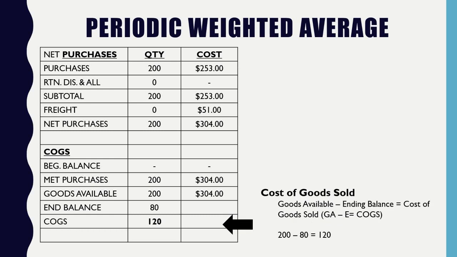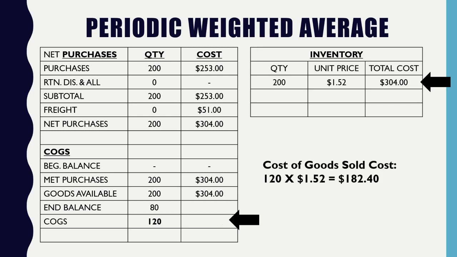Now, because I've already solved for my average cost per item, all I have to do is simply multiply my units sold or my ending balance by that average cost per item. And that's going to give me my total cost of goods sold.